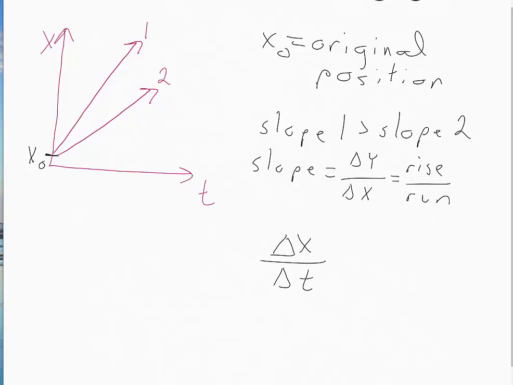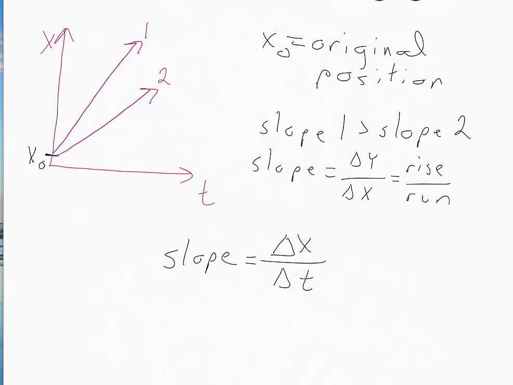So our slope is change in position over time. And you already know what that is. You've already done this beforehand on some of the other problems that we've been talking about. But I want to be explicit now because we're really going to be starting to derive our kinematics equations in this manner.